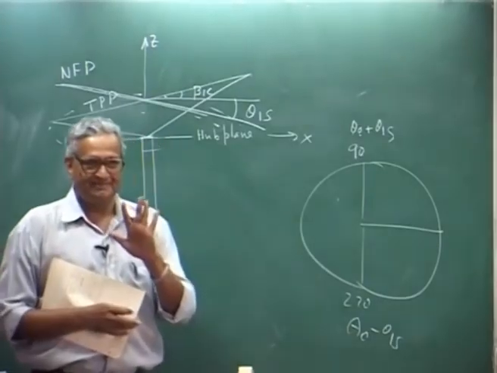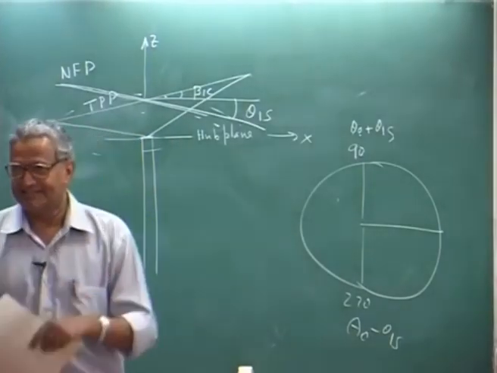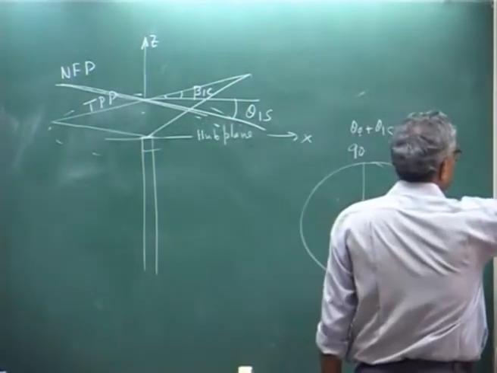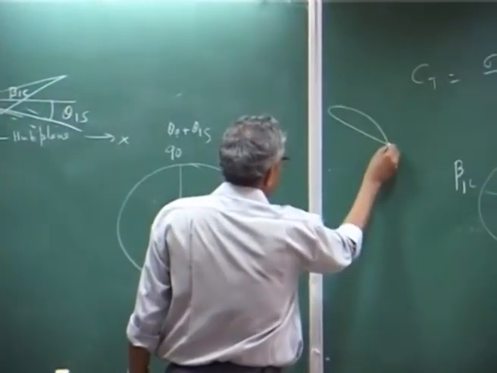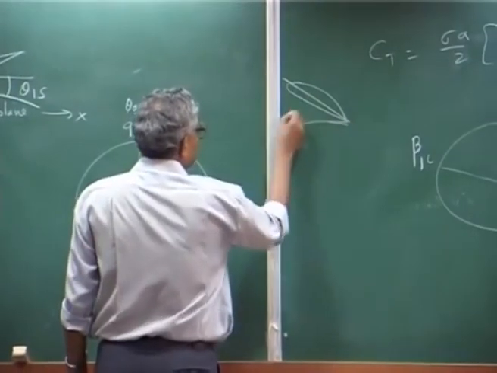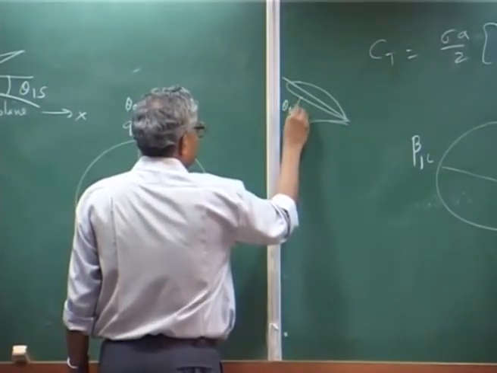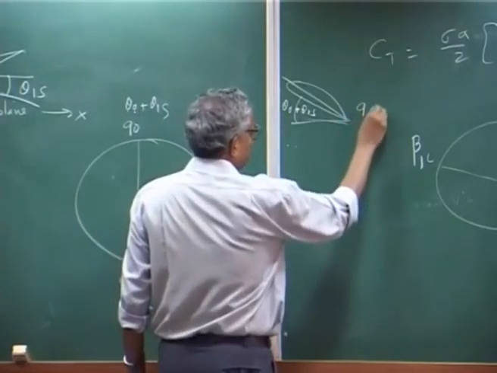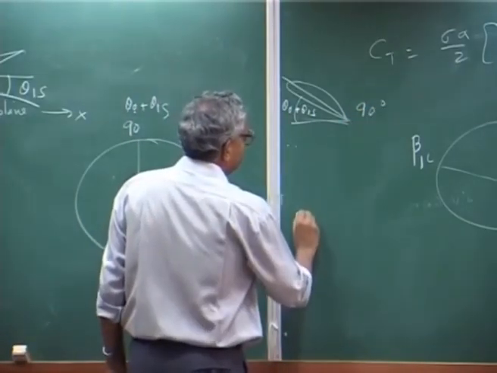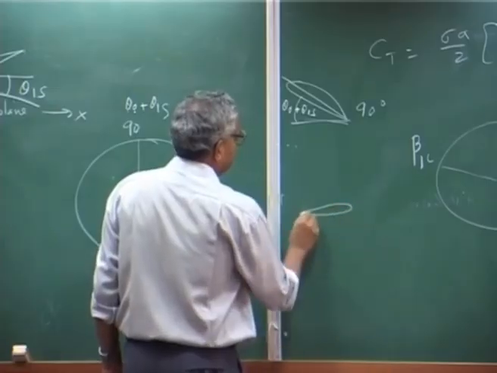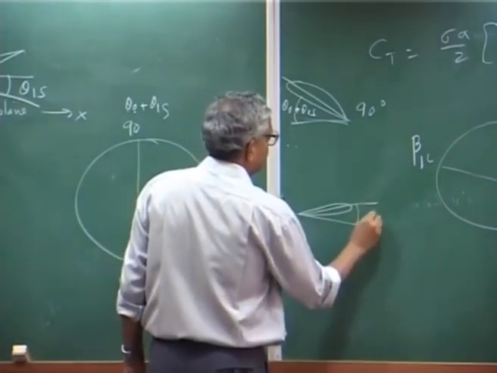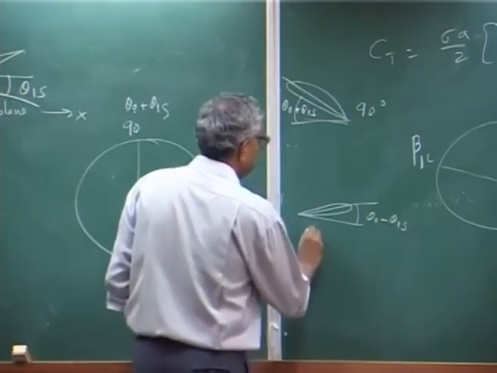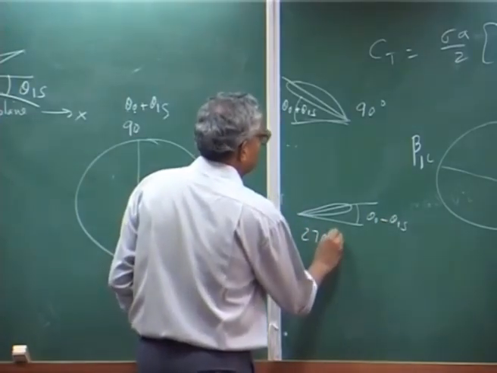Is it clear? Not clear. See, what happens is, you see this side, this angle is theta naught plus theta 1s, that is at 90. At 270, this is theta naught minus theta 1s. Okay.